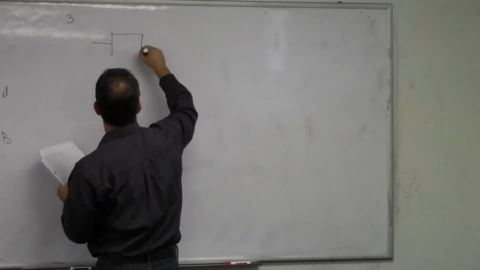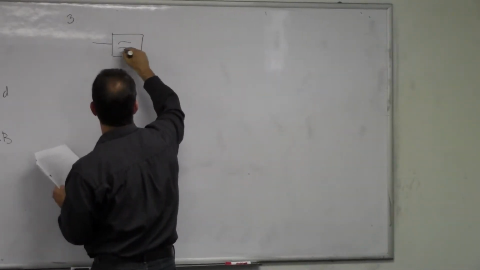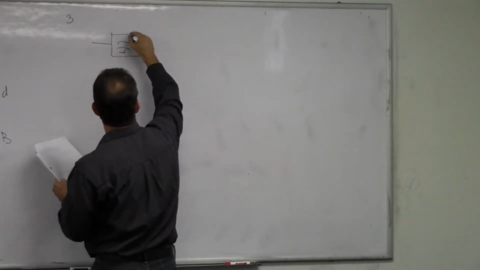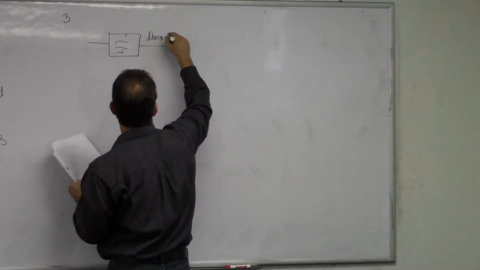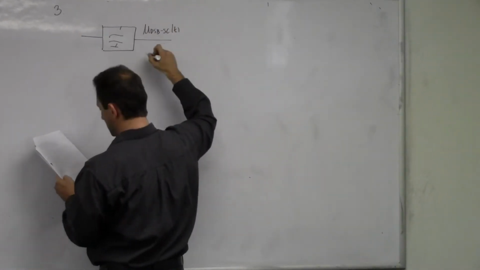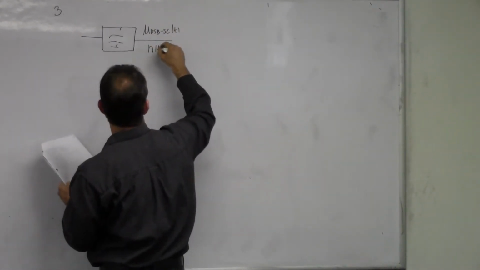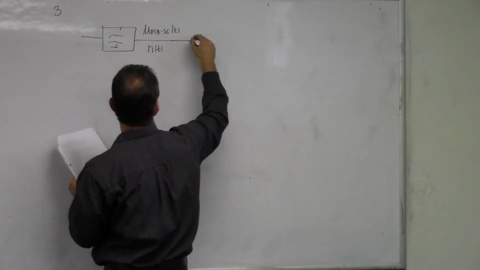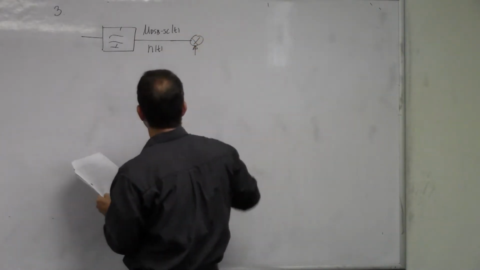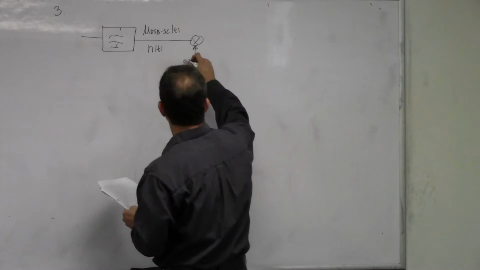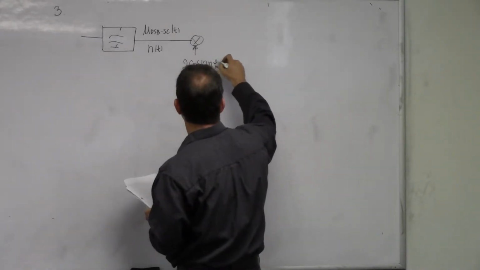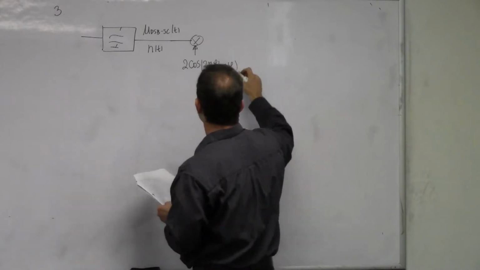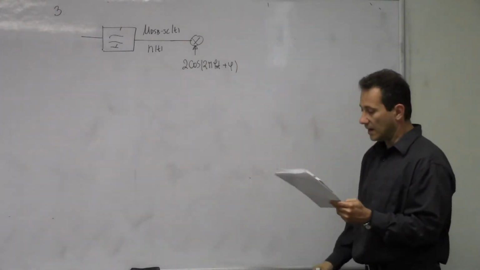I have my front-end filter, and here I have U double sideband suppressed carrier of t, and then I have my narrowband noise coming into the receiver. I've demodulated this coherently with 2 cosine of 2 pi F0t, but my local oscillator has some phase error of phi.